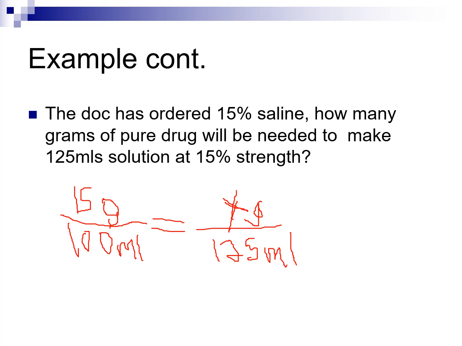Okay, so I'm going to do the multiplication again. 125 times 15, that is going to give me 1875. I'm going to divide it by 100. I'm going to move 2 decimal places from the right to the left. So I had 1875 when I did my multiplication, 2 decimal places over. 1, 2.